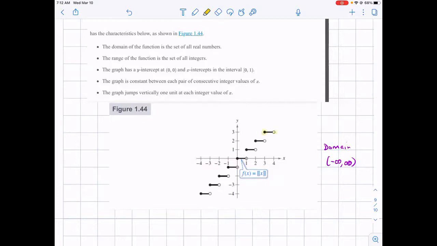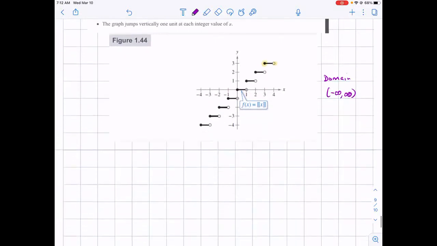So you will have a graph that now looks like this. This is called the ceiling function.